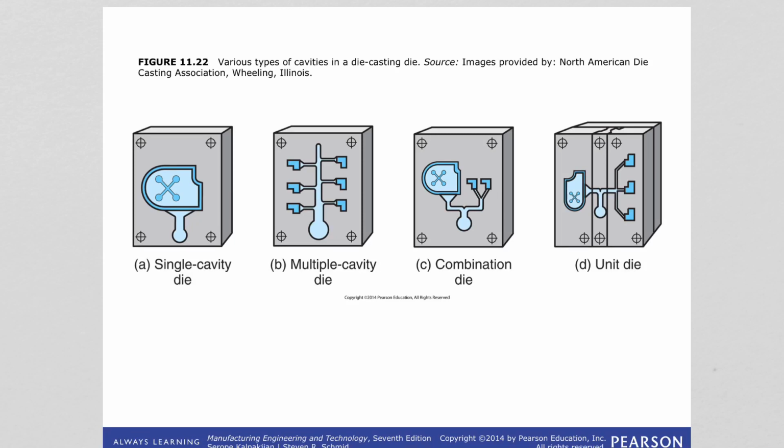There are also combination dies, so several different cavities within the mold is also possible. And there are also unit dies, where the whole unit is cast at once.